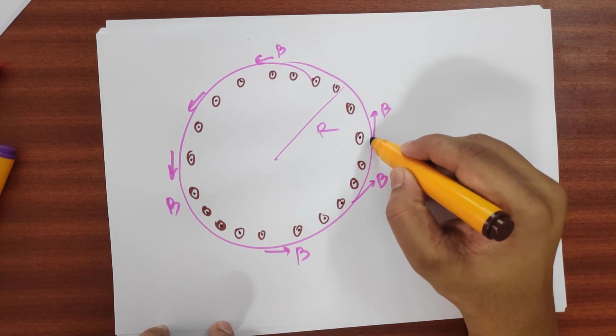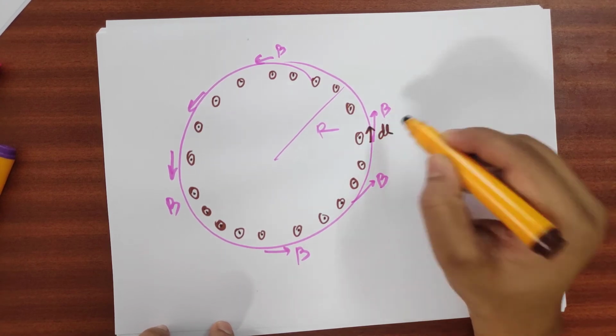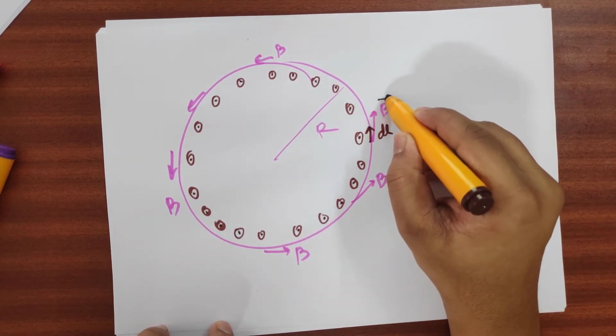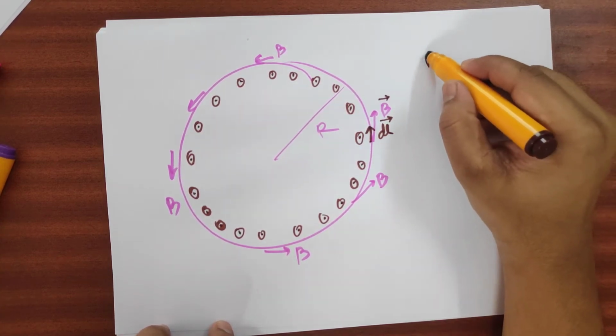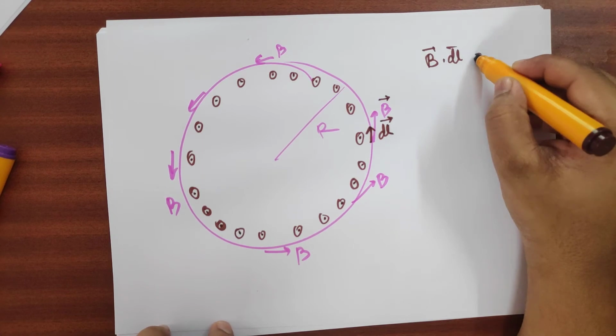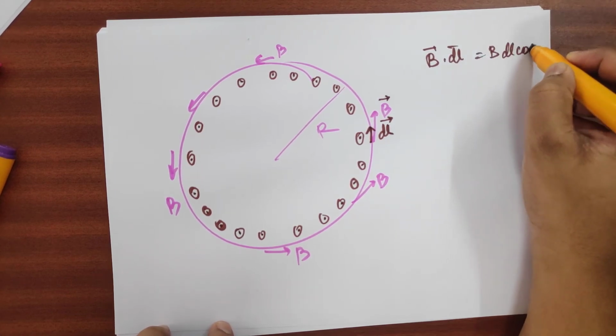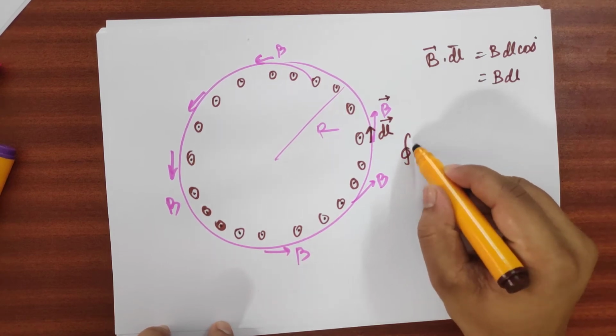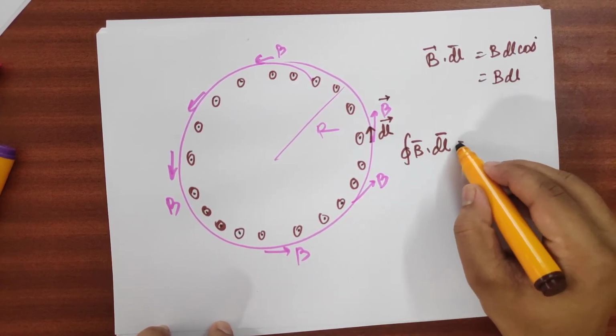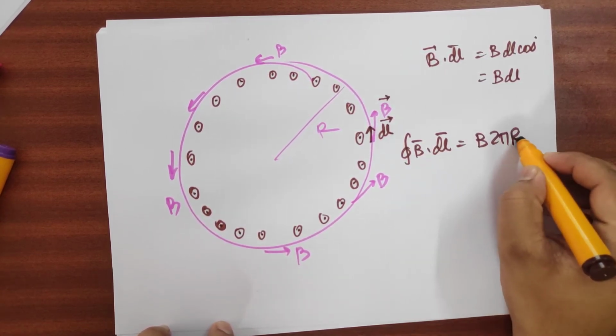So little dl is here, B and little dl. So B dot dl is actually B dl cos 0, so B into dl only. So the integration of B dot dl is B into 2 pi r.